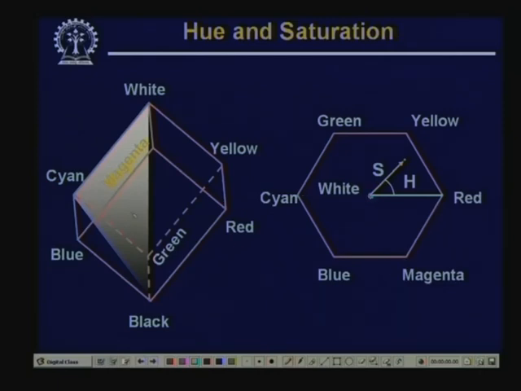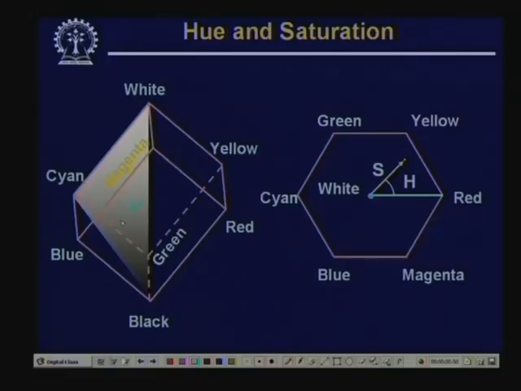So, if I rotate this particular shaded plane by an angle of 360 degree around this black and white axis, the intensity axis, its projection onto this perpendicular plane, which is a straight line, will also be rotated by an angle of 360 degree around the center of this hexagon. Now, this gives us a hint of how we can find out the hue associated with a particular color point specified in the RGB color space.